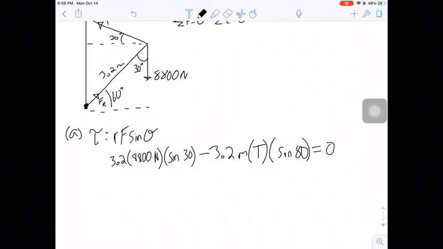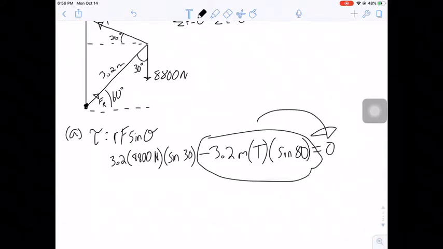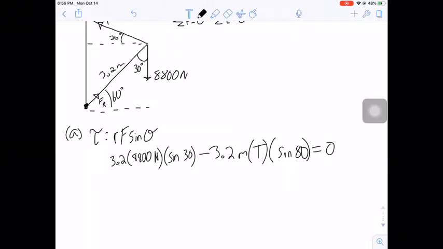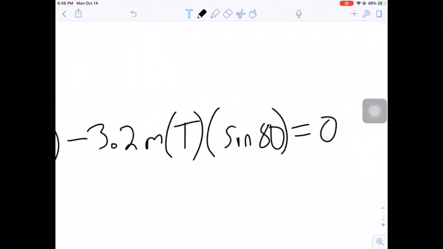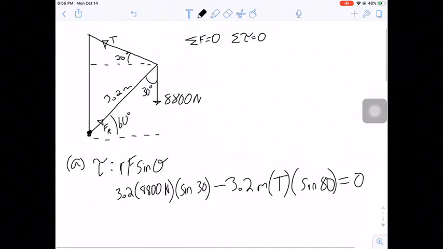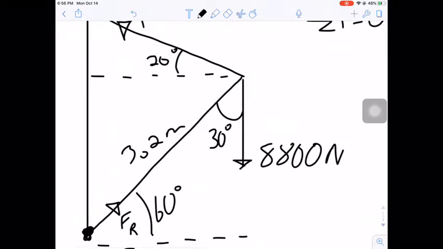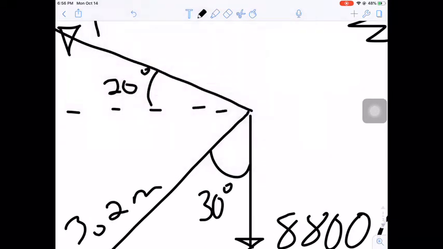So if we brought this quantity to the other side, they would cancel out, because they have to be equal to each other. Solve this for T. Oh yeah, why I used 80 there was because this angle here gives you this 20, but it's kind of like a trap.